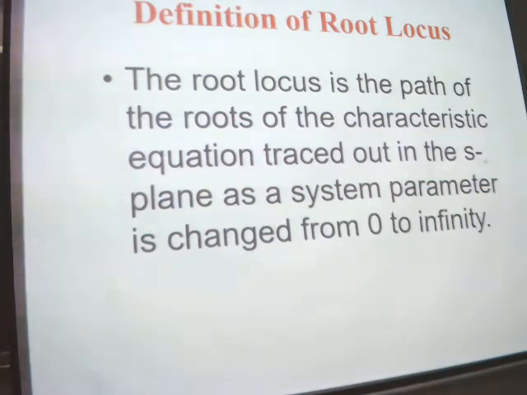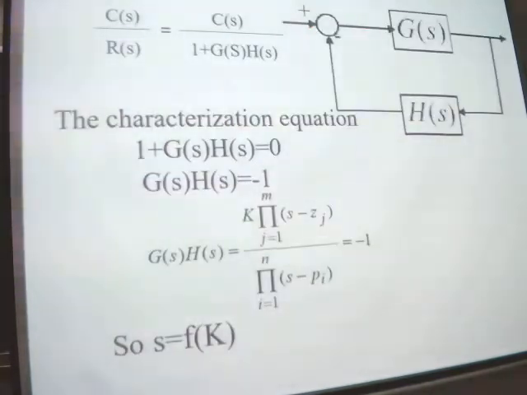Here we should know what kind of parameter, and in which place? Do you know? Let's see. You can see here, this is the transfer function of a closed-loop system.